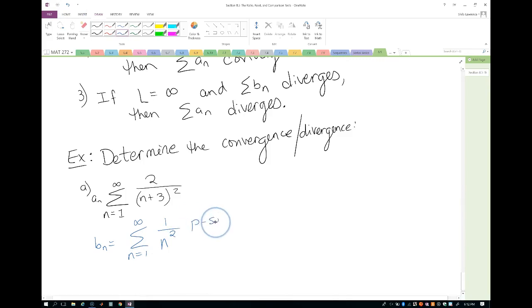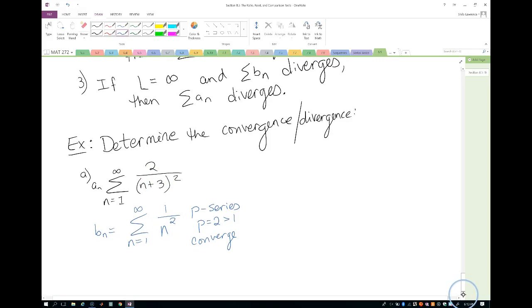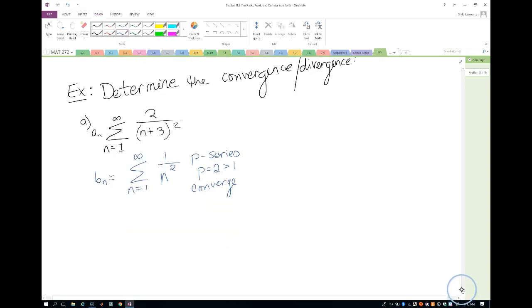This is a p-series with p equal to 2, and we said anytime that p-value is greater than 1, it would converge. So we're guaranteed that a sub n will also converge if I can set up the limit between these two sequences of numbers here and get some finite answer, something between 0 and infinity.